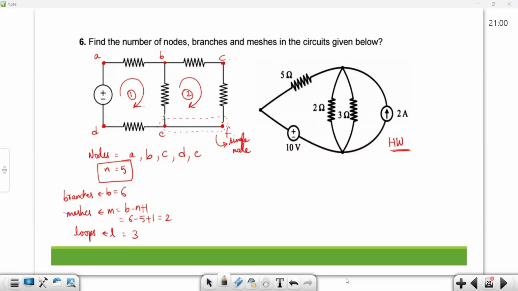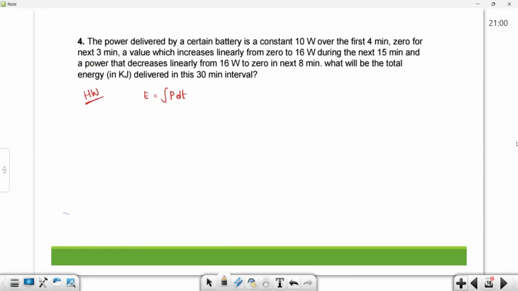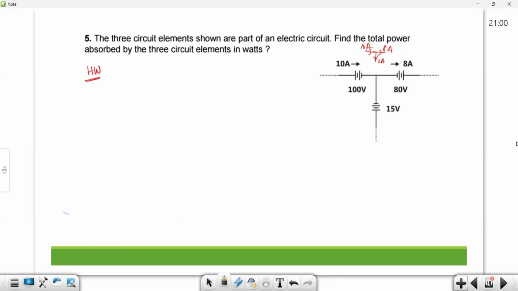I'll open that. You can take a screenshot. This I have given you in your homework. I have given you 5 problems around. I think this is the 4th one. I also told how to do this. Take a screenshot of it. If you have doubts, you can ask me. I'll tell the answers also.